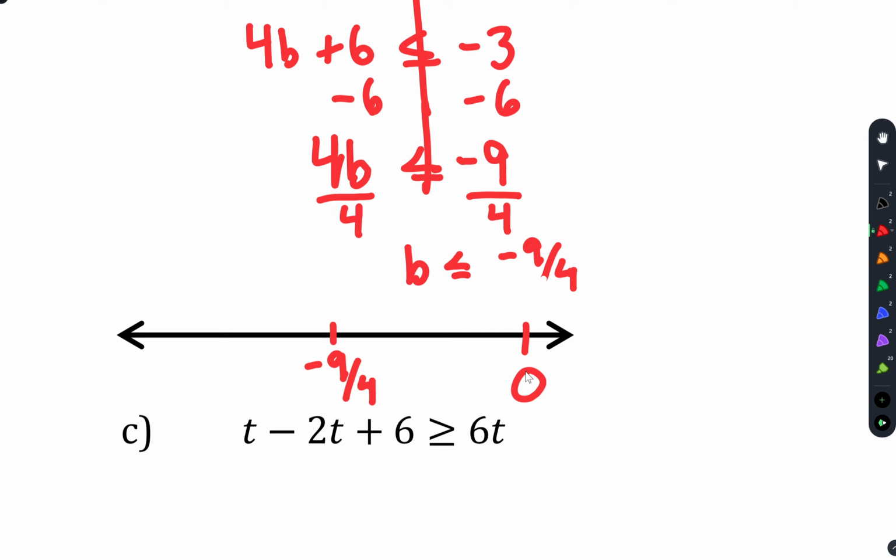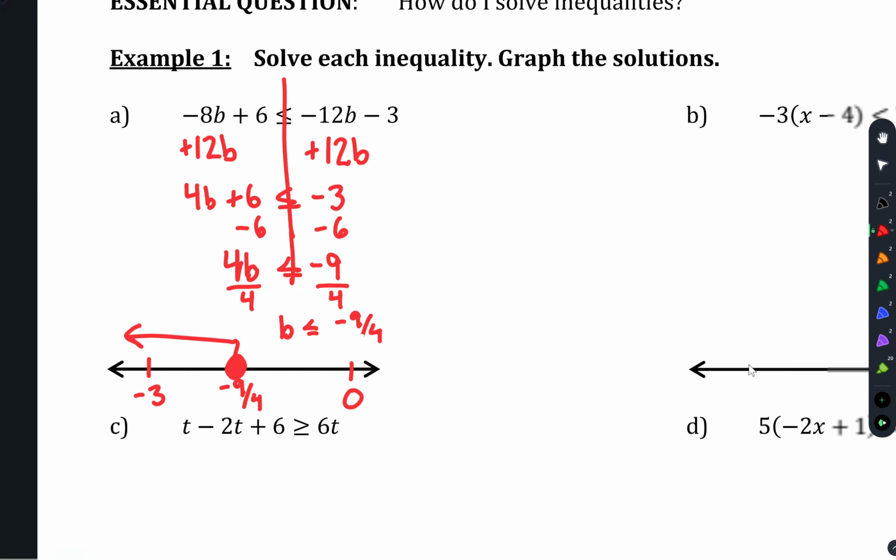Negative 9/4 is like negative 2.25, so let's just go with negative 3. Does that sound okay? b is less than or equal to negative 9/4, so I'm going to have a closed circle because of that equal sign, pointing to the left, because that's where the numbers smaller than negative 9/4 are. Any questions on that?